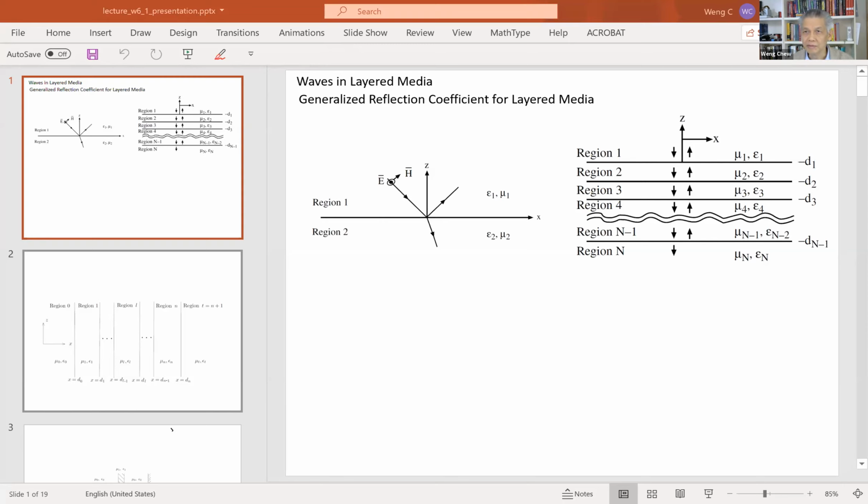Let me see. We are going to talk about waves in layered media today, which is a very interesting topic because there are many occasions where you can actually make use of this knowledge in engineering and electromagnetics. And we are going to take a shortcut to understanding this area.